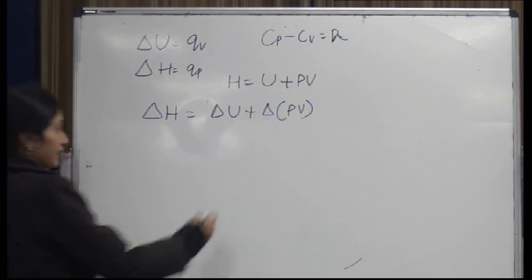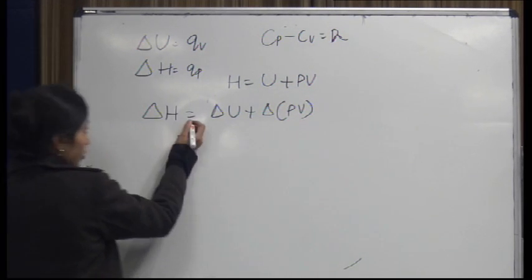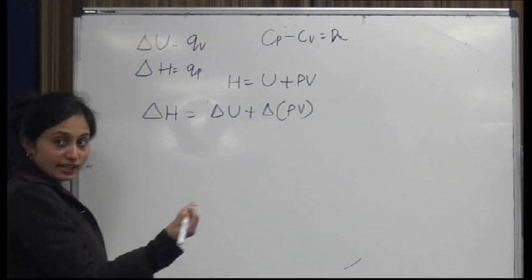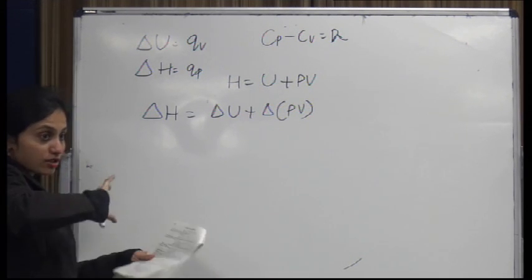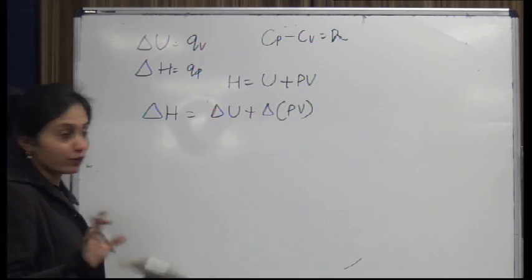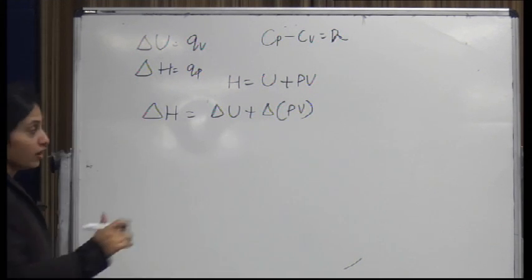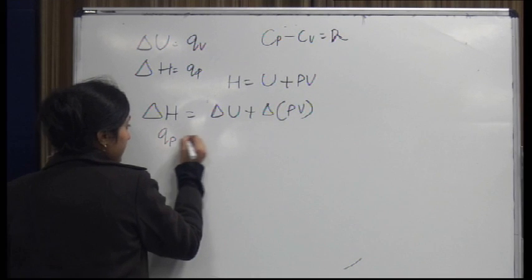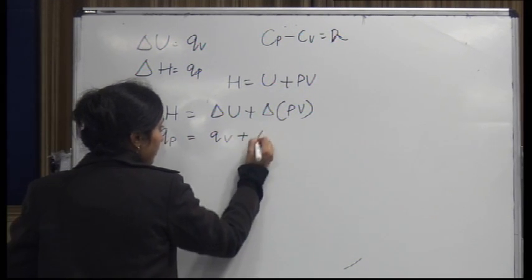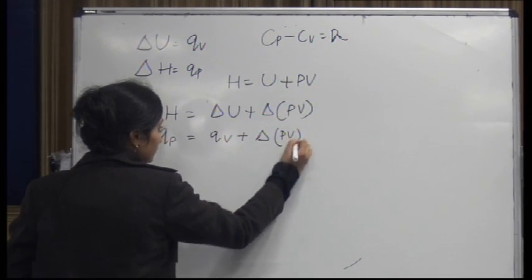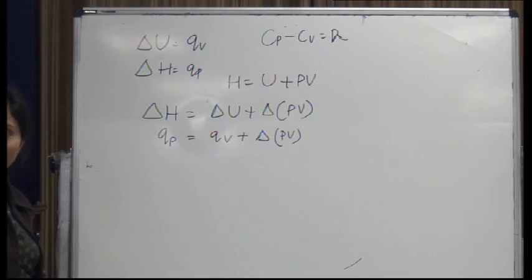And if you see any other formula, now the questions are just twisted. If you have your basics right, delta H is equal to delta U plus delta of PV. So this can also be written as QP is equal to QV plus delta of PV. It can be given like that.